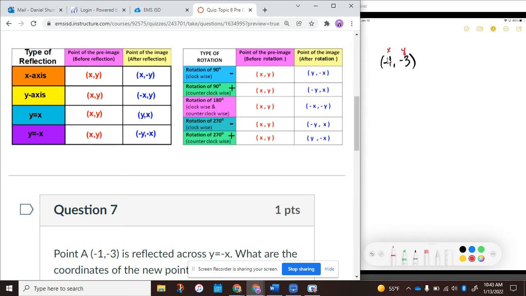So we started off with a 1 and 3. We should end up with a 3 and 1. We just have to know what's going on with positive and negative signs. And according to this, we change both of the originals to the opposite. All right, when you reflect across this particular line, you trade the places of x and y, and you take the opposite. You change the sign on both of them. So instead of -1, -3, we're now going to have +3, +1.